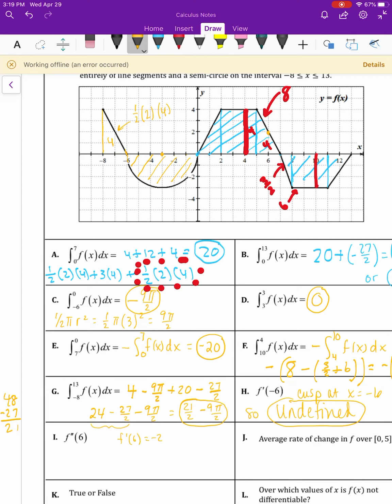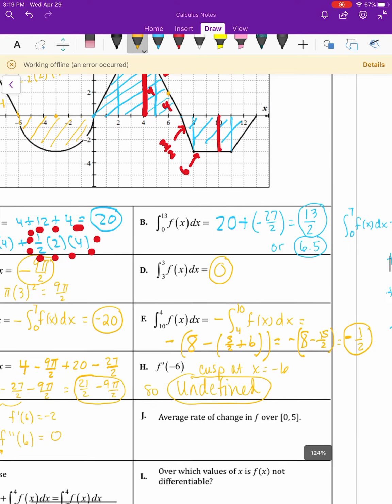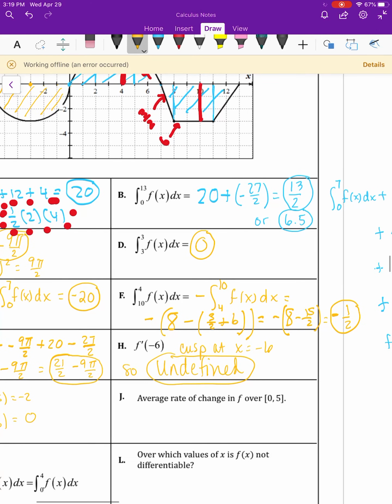But my second derivative, is it concave up or concave down? It's neither. So my second derivative is going to be 0. If it was concave up, my second derivative would be positive. If it was concave down, my second derivative would be negative. But since it does not have concavity at all, my second derivative is 0. Okay, so no concavity at x equals 6. So my second derivative is 0.